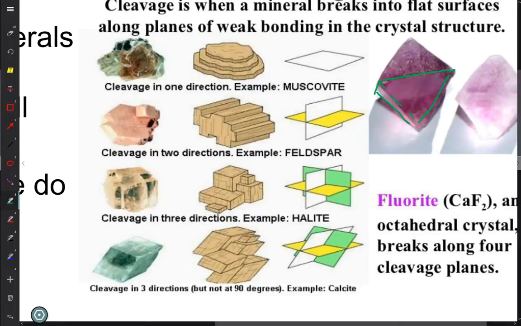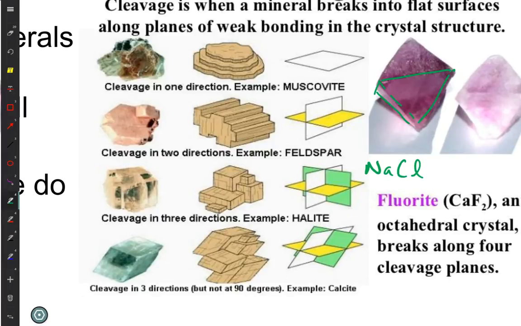Anybody know what halite is? It's a common salt. Sodium chloride. It's table salt. If you try to grow salt crystals, you can do this.